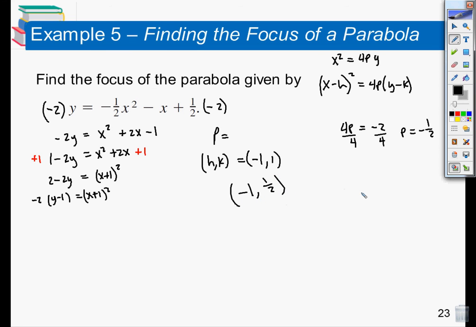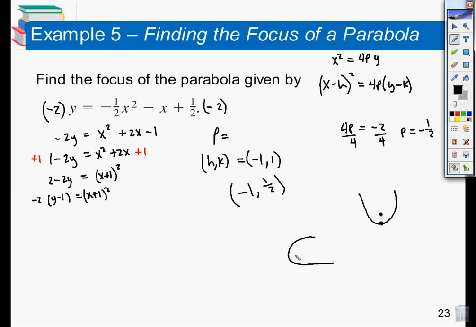Well, this is an equation of a parabola that's going in this direction. My vertex was here. My focus is going to be here. So what I need to do is only change the vertical direction, because the horizontal direction isn't coming into play when I'm looking at where the focus is.